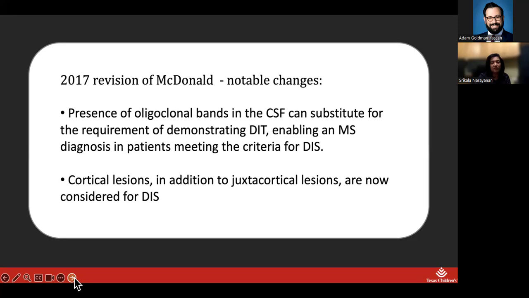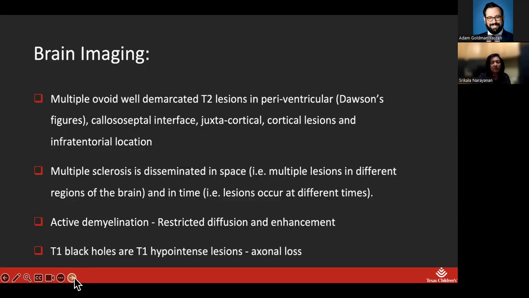So that was a notable change. The other change was they also added cortical lesions in addition to juxtacortical lesions for consideration for dissemination in space. I think there's more research showing it's not purely a white matter disease, it can also involve gray matter, so it kind of makes sense.